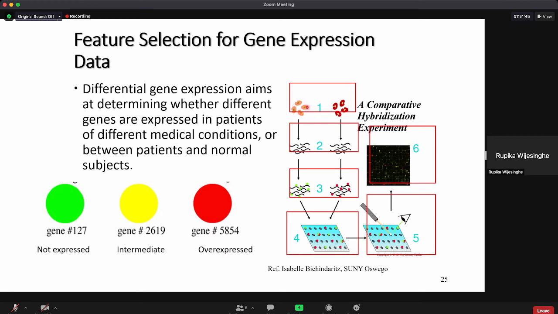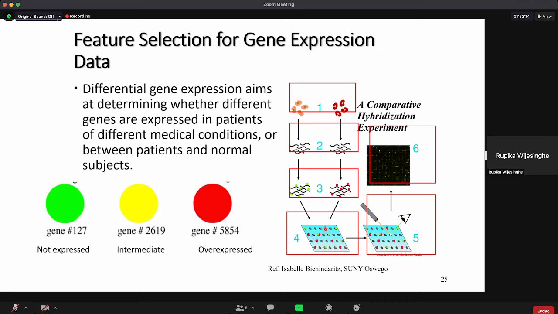So this sample can be from the control. This sample can be from the patient, right? We can say these are the mRNA they have produced. So you color these two in 2 different colors. This you color with green, that means the control sample. And this you color with red, that means the patient sample.